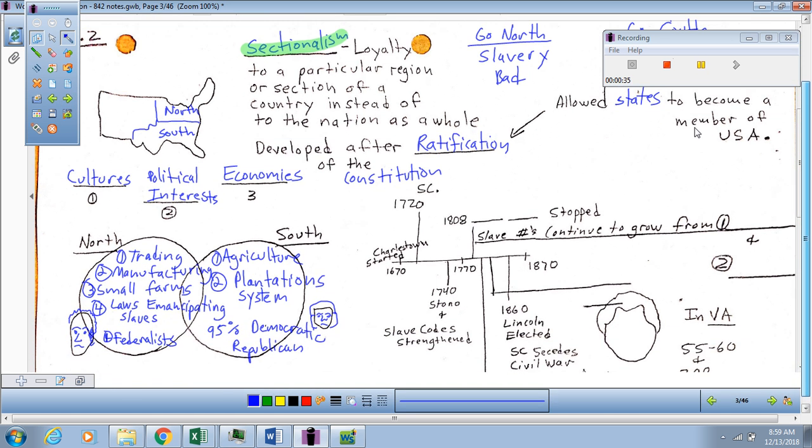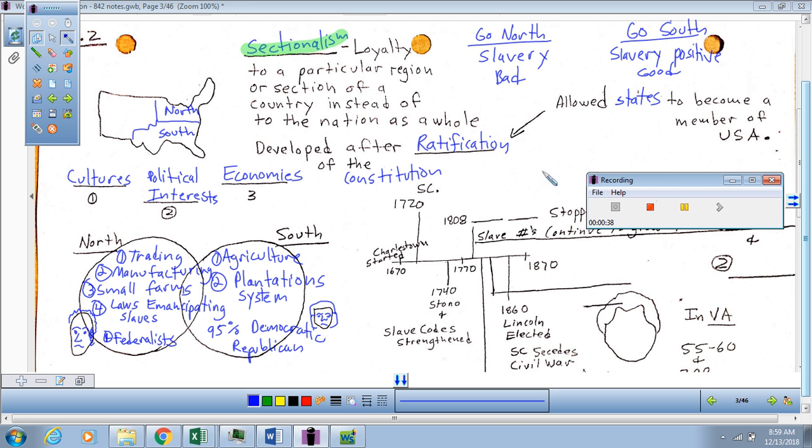The biggest issue that divided the country in the years prior to the Civil War was slavery. We learned that this sectionalism arose in part because the geography and a few other practices resulted in a very different North and South.